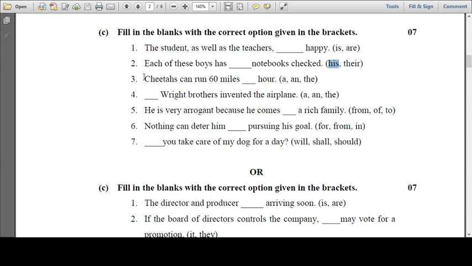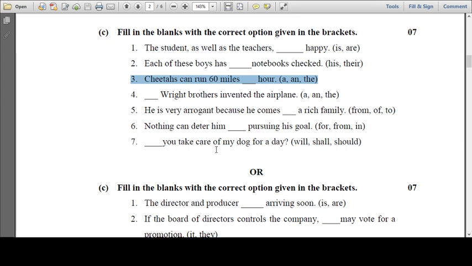Now the third one is: cheetah can run 60 miles dash hour. What will be the answer of the third one? Cheetah can run 60 miles an hour.